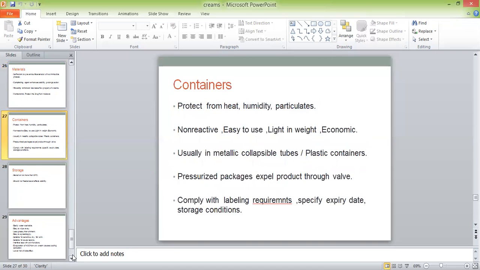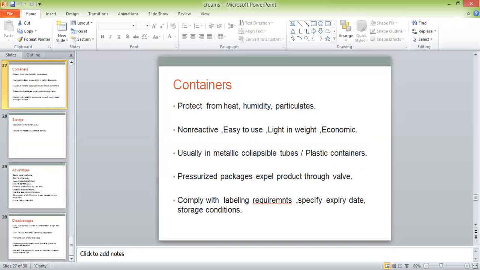Containers for the creams. We need to know how to pack these creams, and what sort of containers should be used for these semi-solid preparations which we are studying, which is creams. The containers should protect the cream from heat, from sunlight, from high temperature, from humidity, and from different particulates.